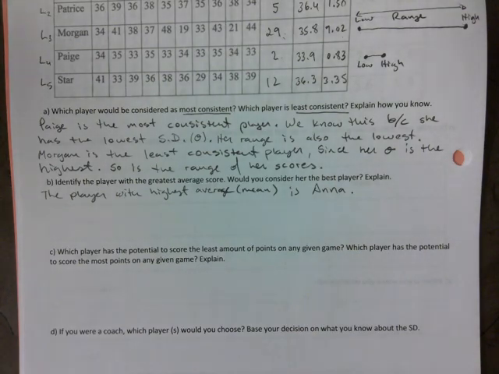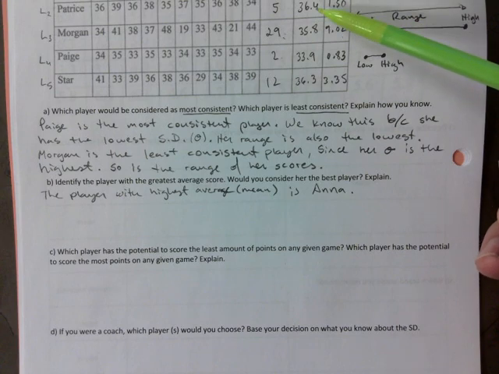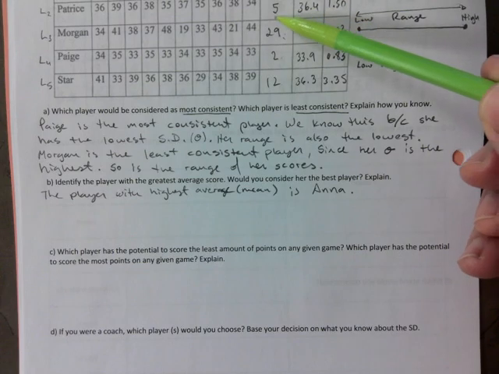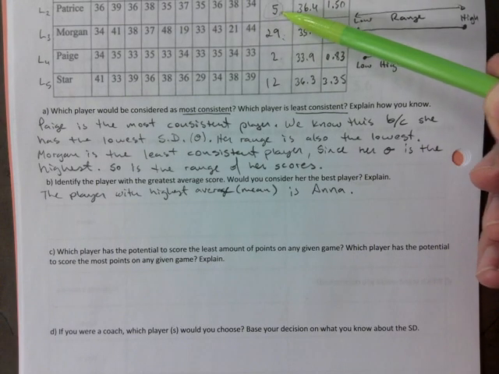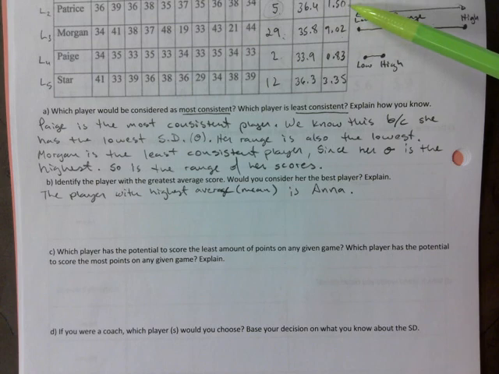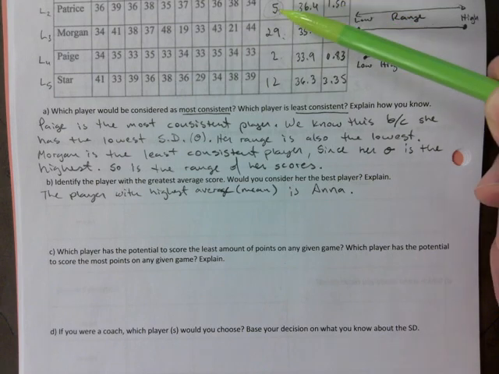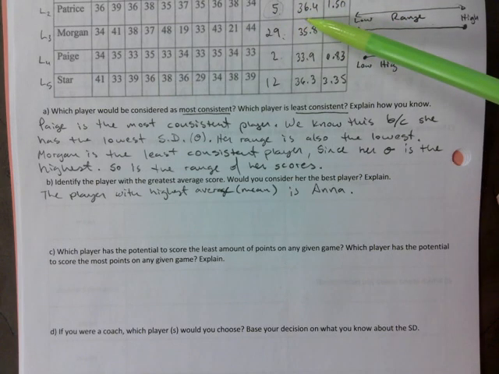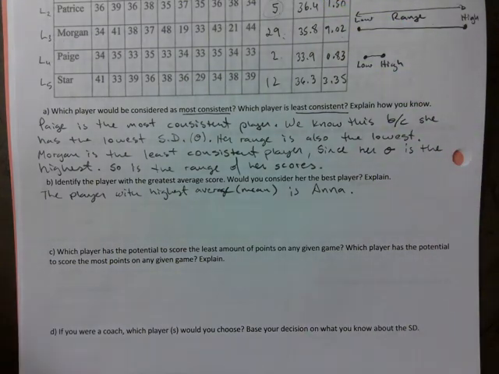Who is really close to Anna's score but has a smaller range? Got Patrice, right? She's got just a little lower average, but look, only a range of 5, a standard deviation of 1.5. I would argue that Patrice may be better overall, more consistent, may have to work a little bit harder to improve that score, but is most consistent.